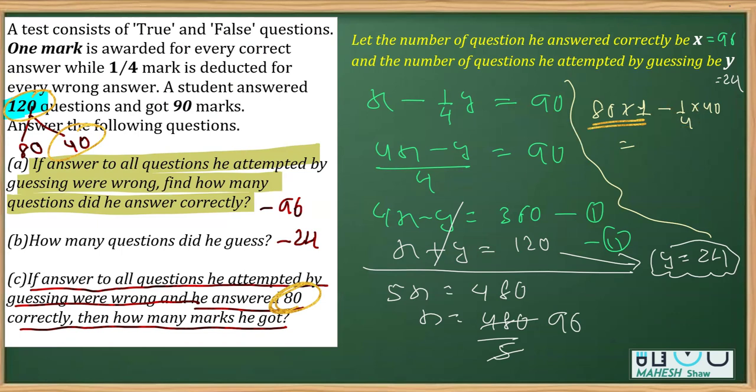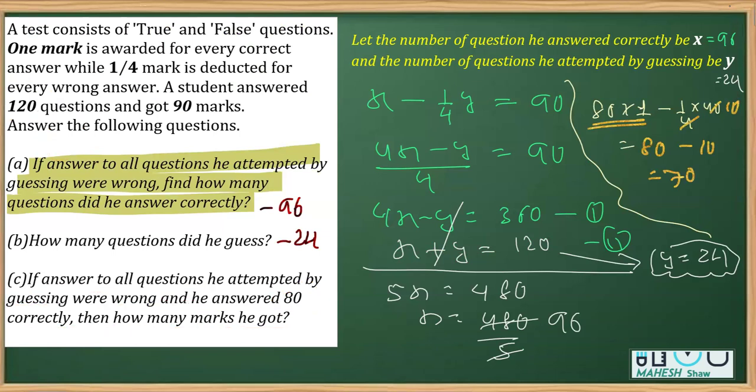That's why 1/4 of 40 is 10. So 80 minus 10 comes out to be 70, which is the answer for the final part. The marks he got is 70, not the number of questions.